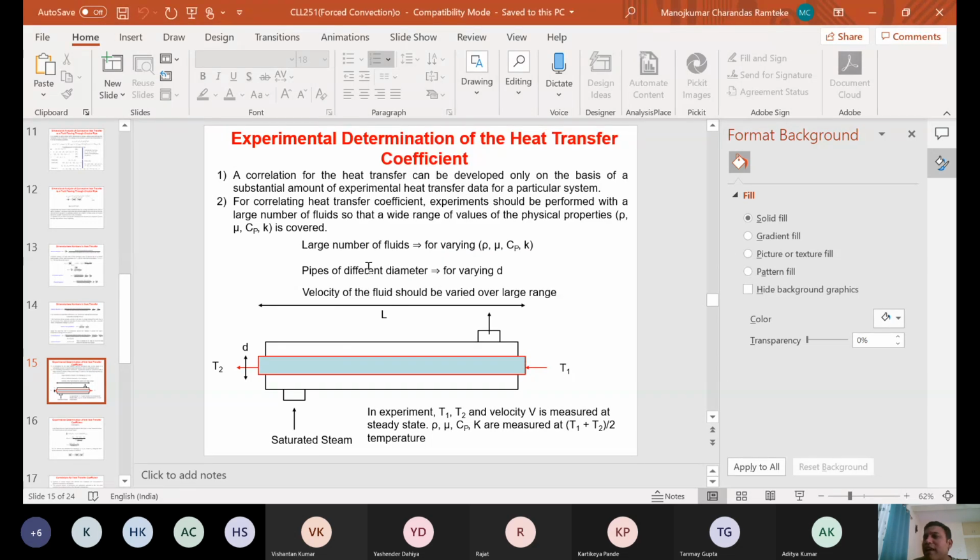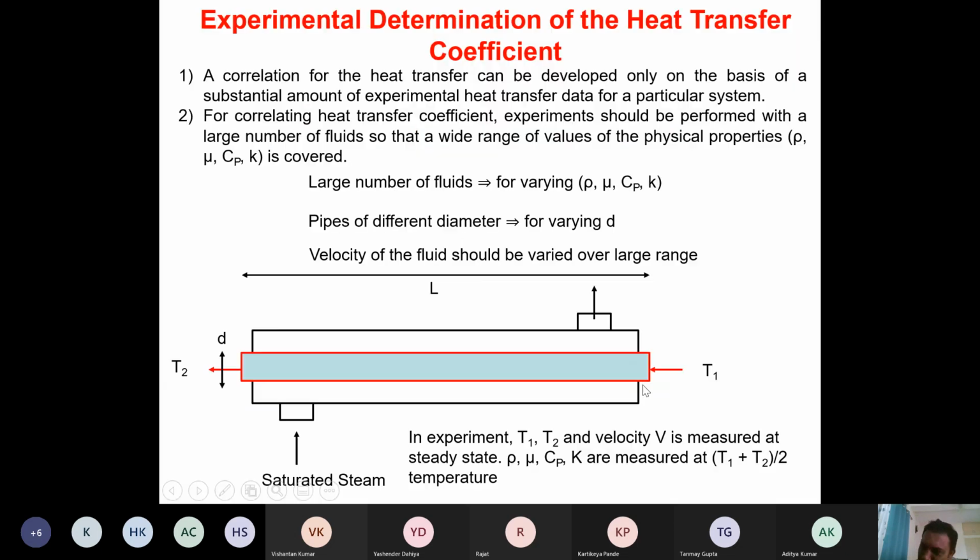So the only way I can have different values of rho, mu, Cp and K is by having different fluids used in this heat exchanger. Is it clear? Is it clear to everyone what I'm trying to say? So this experiment has to be performed using a large number of fluids in order to have variability in rho, mu, Cp and K. Similarly, in order to account for the variability of D, I need to use a different diameter of the pipe.